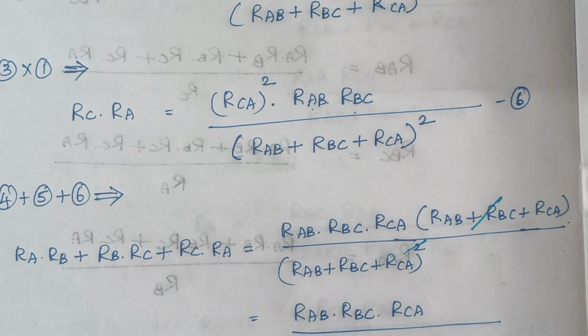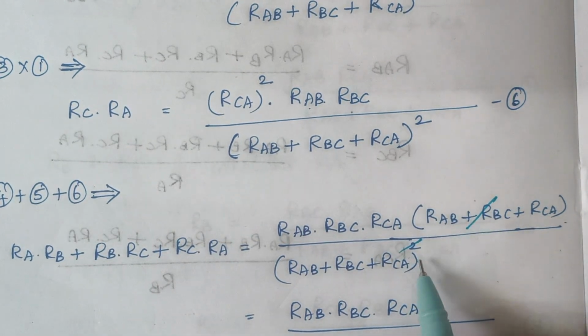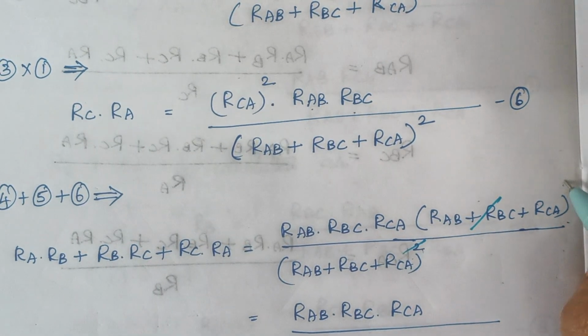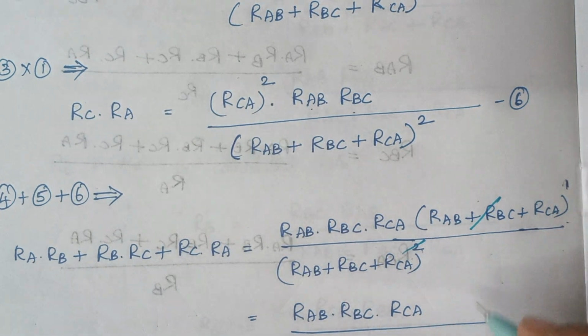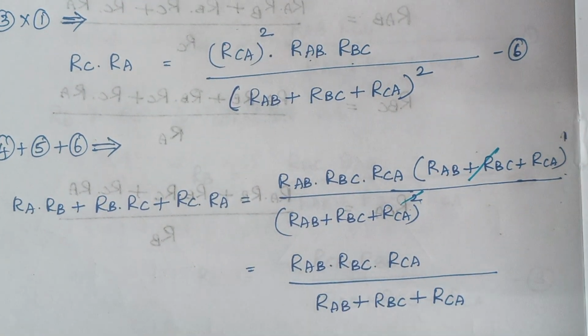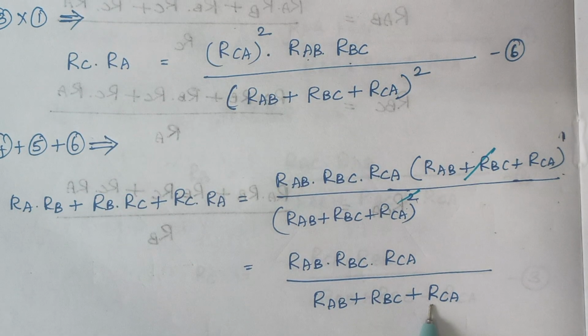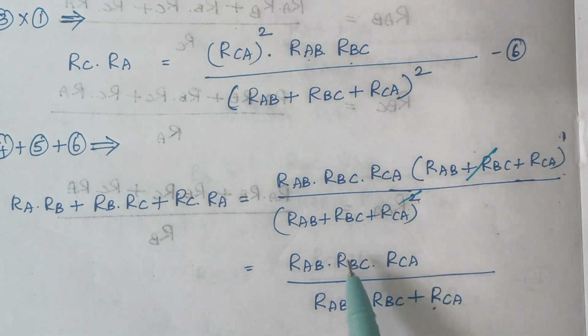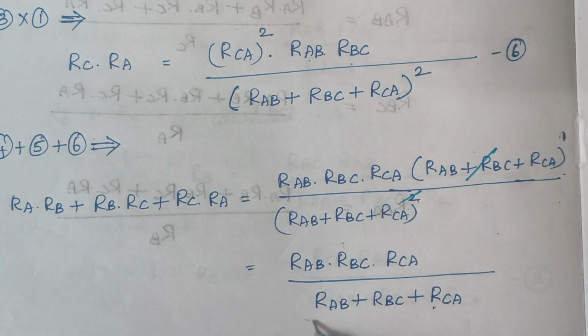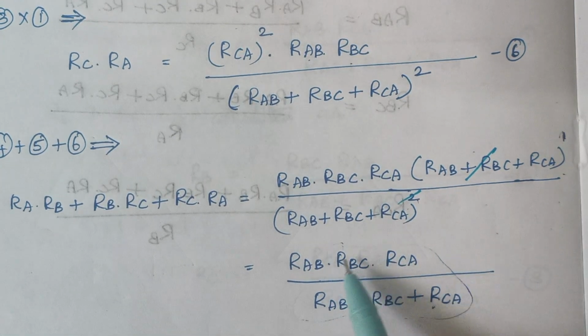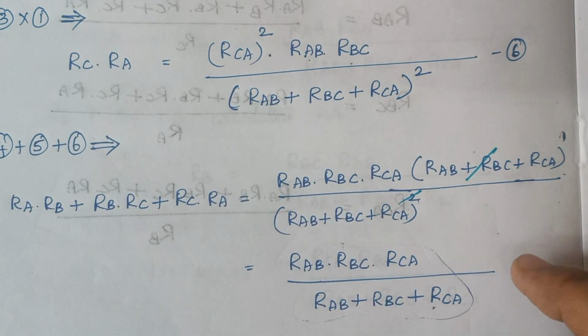Here we can cancel these two terms. We have a square term here and the power is 1 here, so we cancel, and the remaining terms give an expression like this. When you look at this part, it is nothing but our RC.